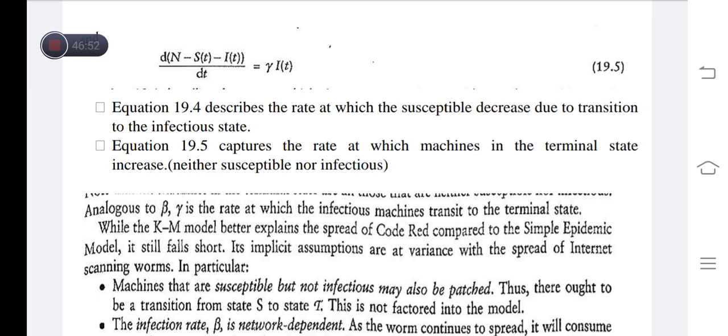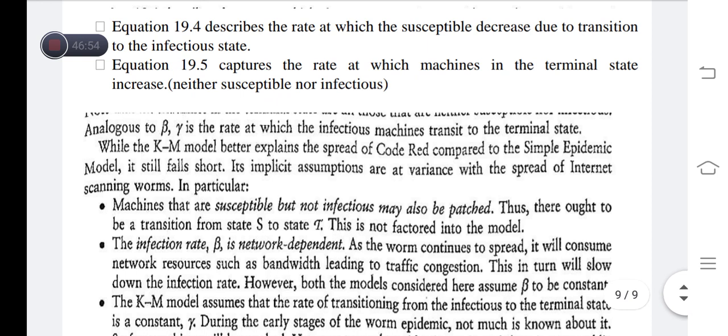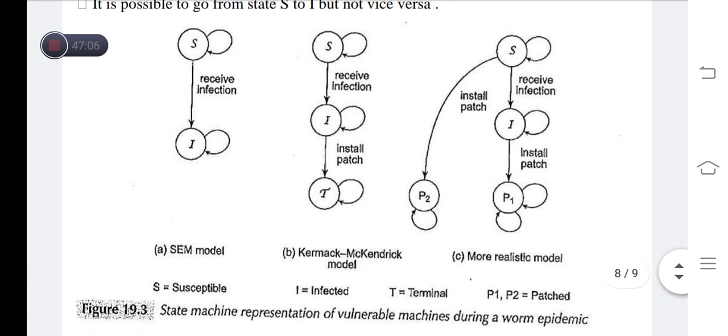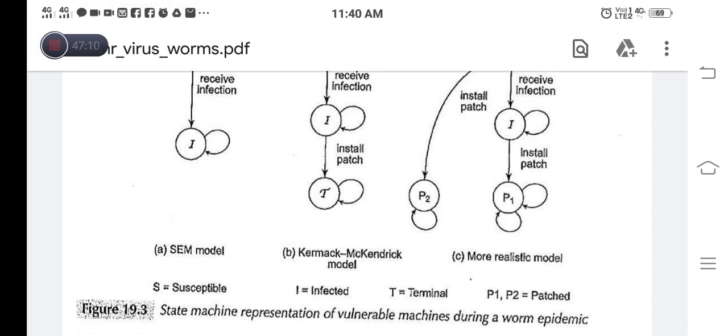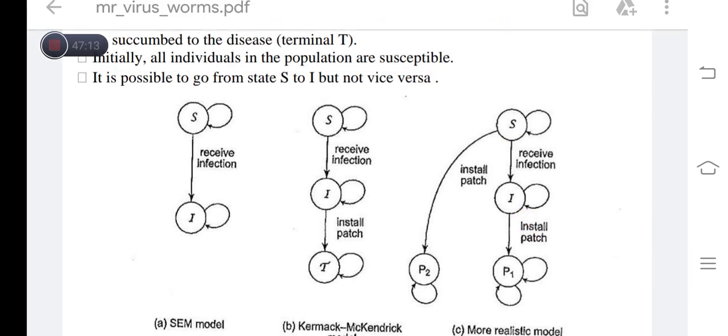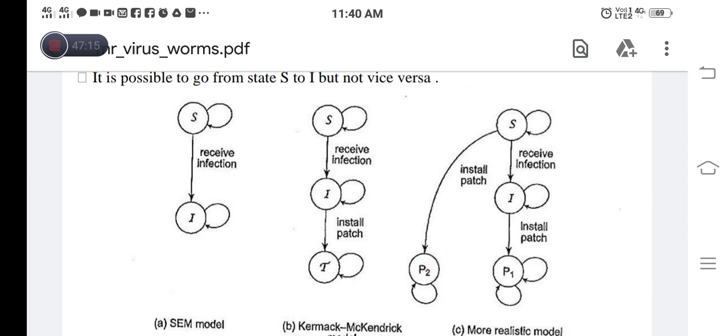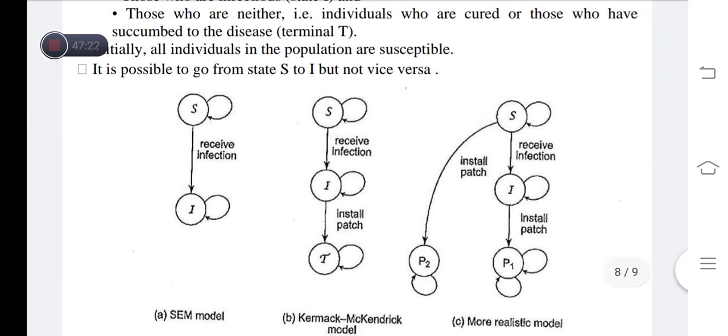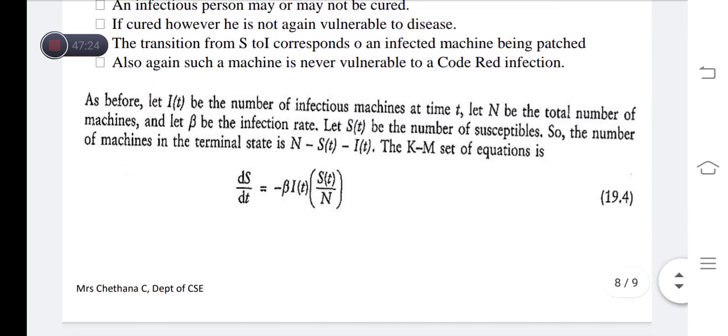If we consider the parameters, machines that are susceptible but not infectious may also be patched. As we see here in the third diagram, the machines in the susceptible state have also been patched even though they are not infected. From this diagram, the transition from S to P2 is one of the things here.